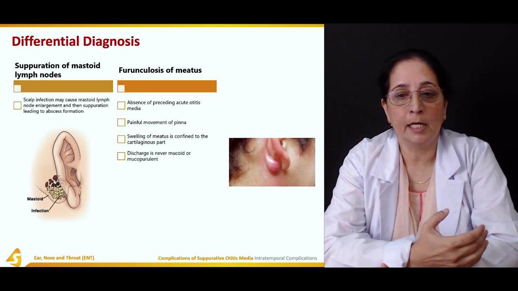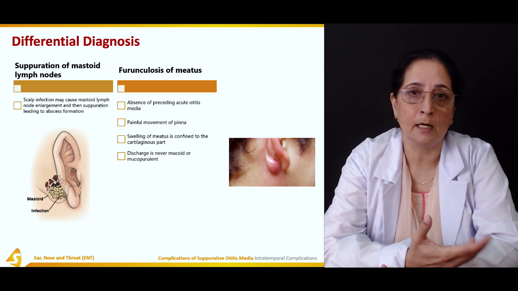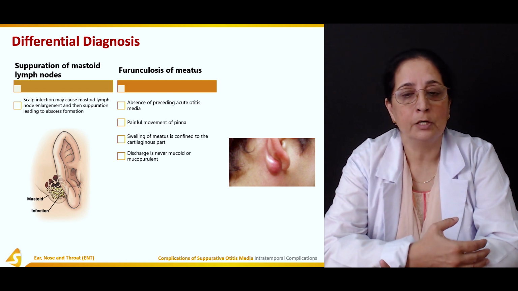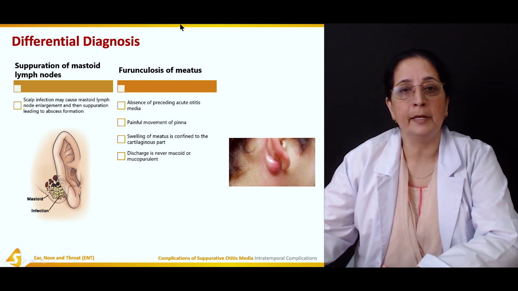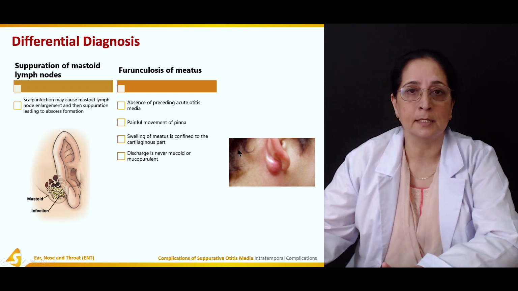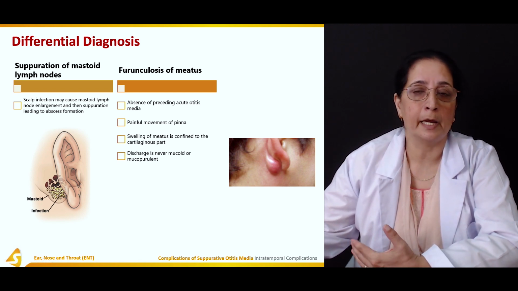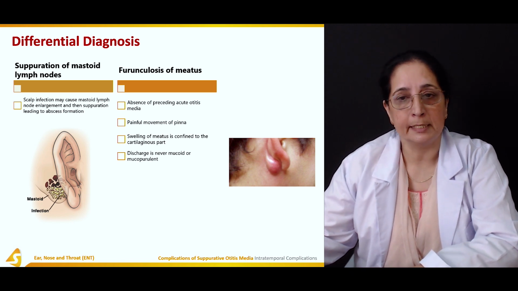And then discharge is never mucoid or mucopurulent. Discharge in this condition may be serous, but it won't be purulent or pussy discharge. So all these are very important diagnostic factors which can differentiate between furunculosis and complications of suppurative otitis media.